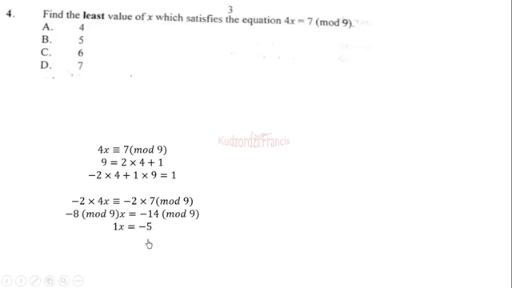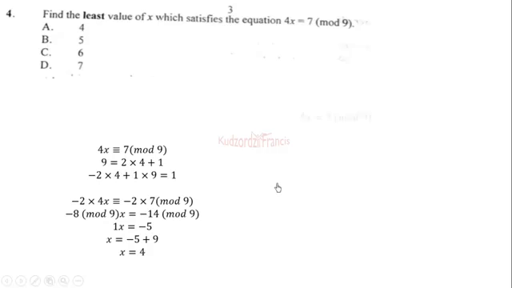Keep adding until we get the first positive number, because we are looking for the least. So we do that and we get x equal 4. We can keep adding 9 to get all the solutions, but because we are looking for the least one, the answer is A.